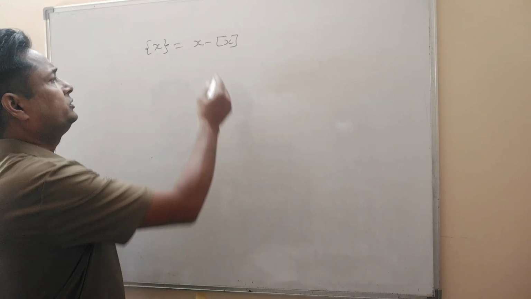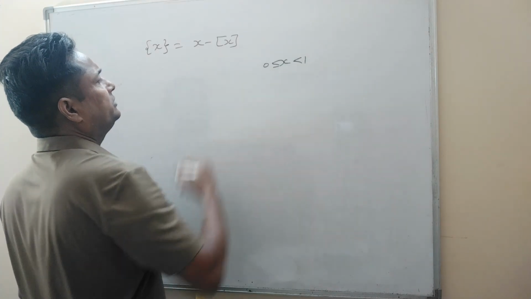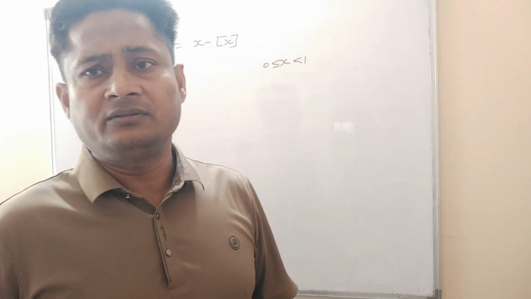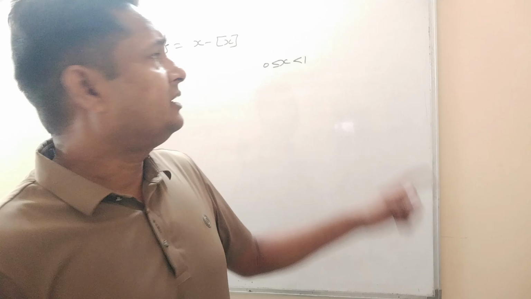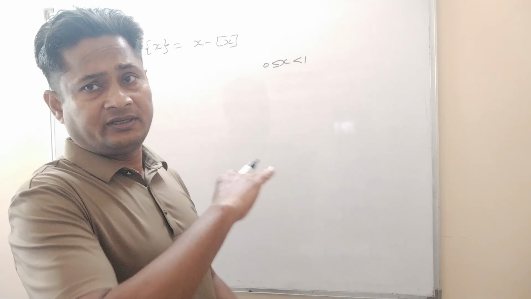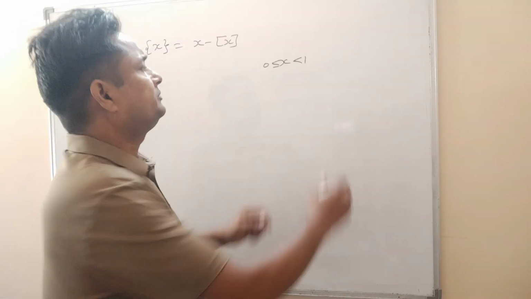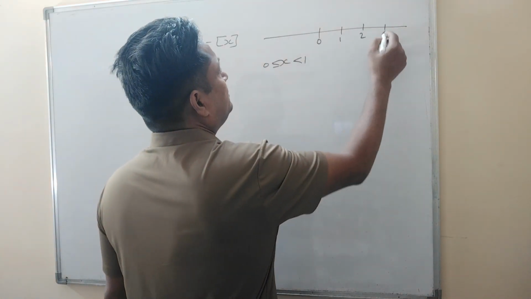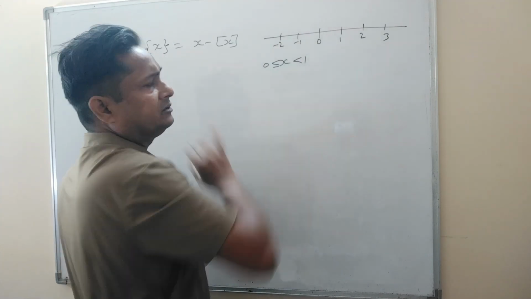If we choose a value x, greatest integer changes its value at every 1 unit length interval. So we can break the real number line into intervals of 1 unit length, like 0, 1, 2, 3 and so on, and -1, -2 and so on.